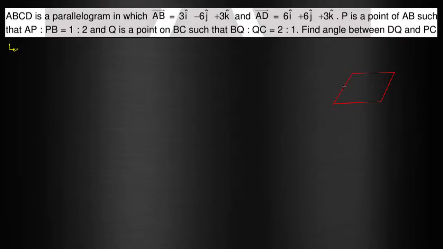On AB we have P. On BC we have Q. Then we connect DQ and PC.